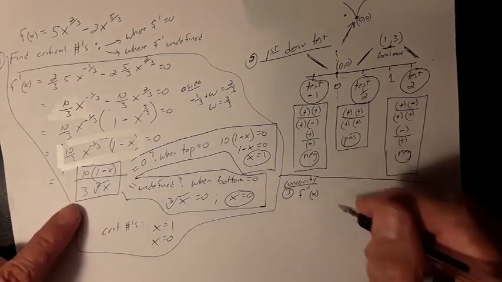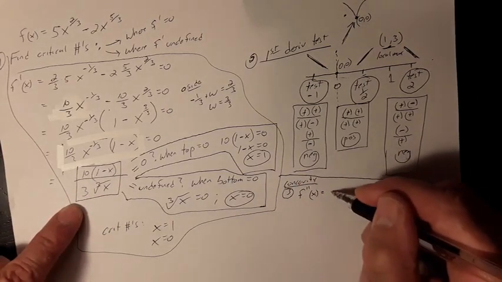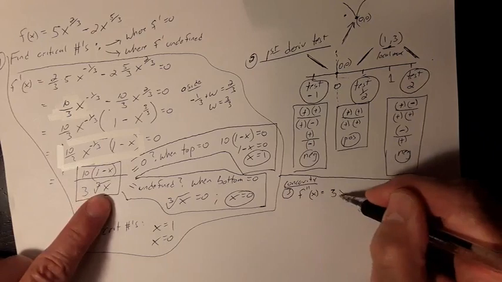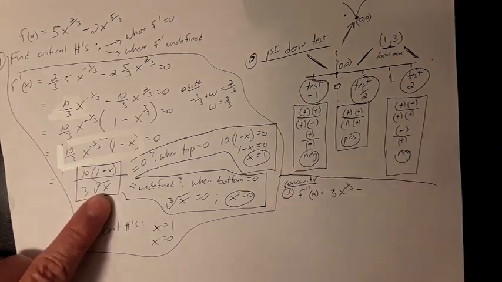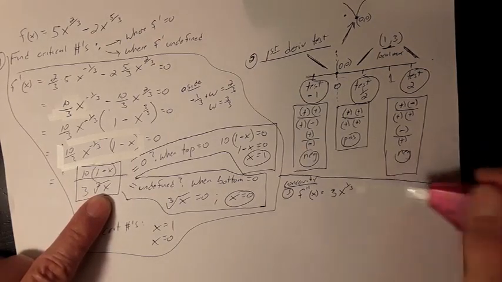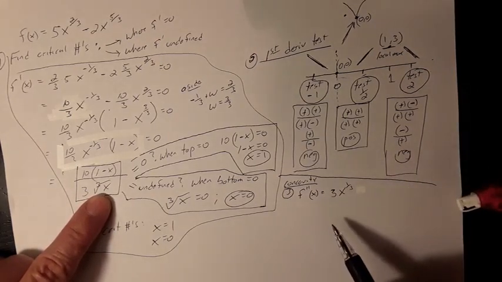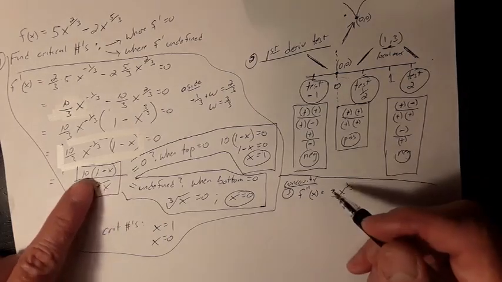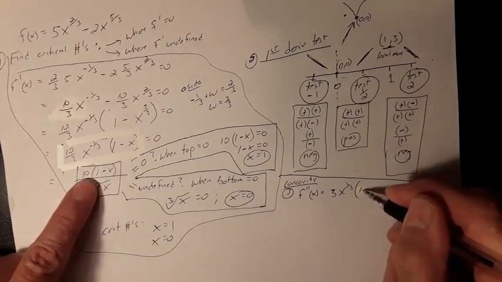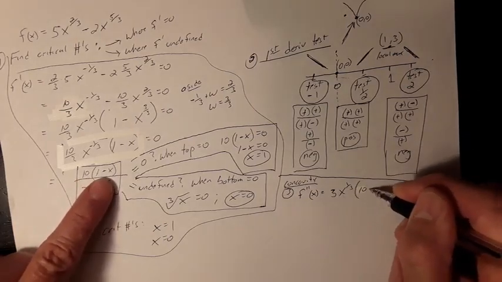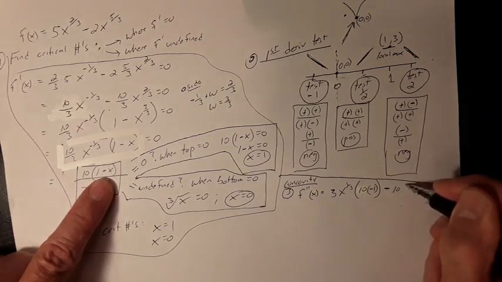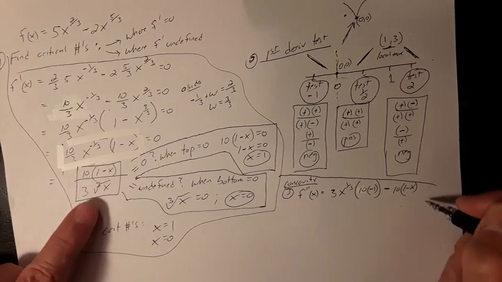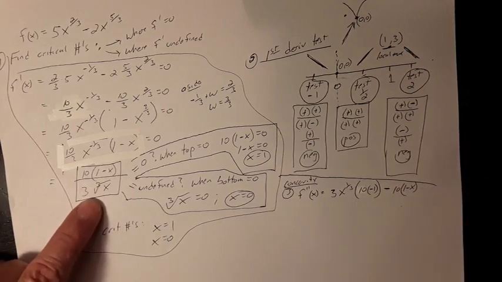So then I got low, which is 3 times x to the 1/3, minus, oops, I got low, 3 times x to the 1/3, d high, which is going to be 10 times the derivative of this, which is negative 1, minus high, 10 times 1 minus x, d low.